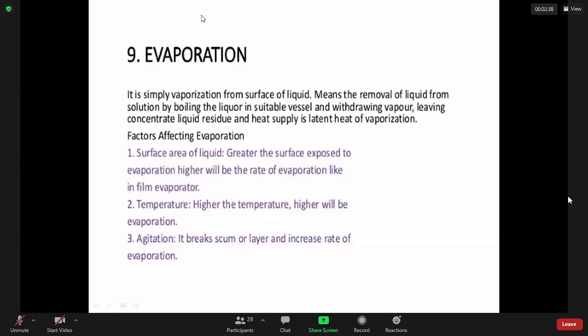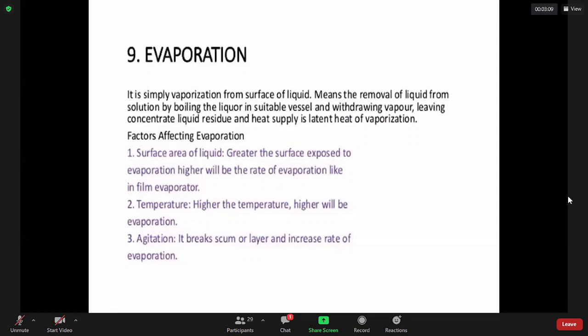So evaporation is one of the unit operations that are also used in the manufacture of drugs. And the factors which you have to put into consideration when you are evaporating are given in here. We do use a lot of evaporation in our lab, especially when we are trying to dry plant extracts.